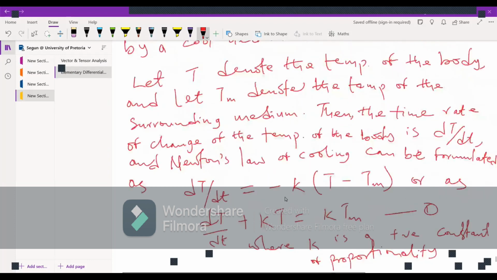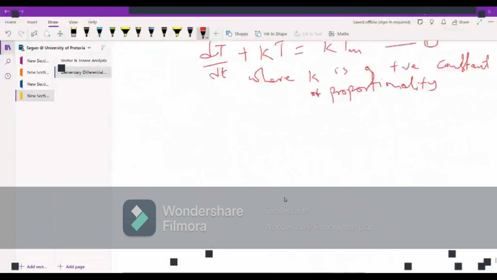So, of the constant of proportionality, okay, let's go on.